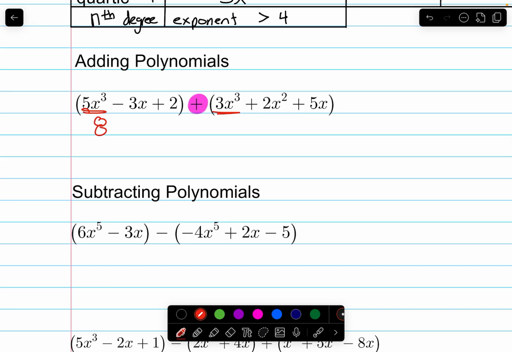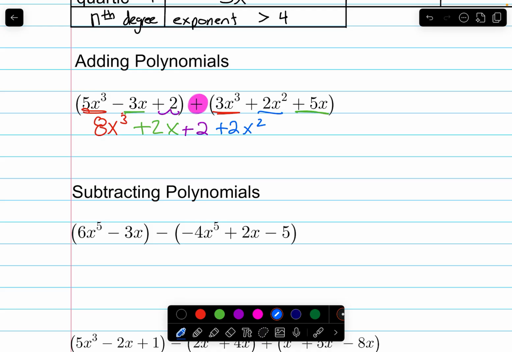It just says 8x cubed. The next like terms that I see are this negative 3x and this positive 5x. Those are like terms. Negative 3 plus 5 is positive 2x. Now, what's next? I have this 2 left and this 2x squared. Those are not like terms, so I can go ahead and bring them down since it's only a positive sign. There's nothing going to affect those. I'm almost finished, but here's the issue.